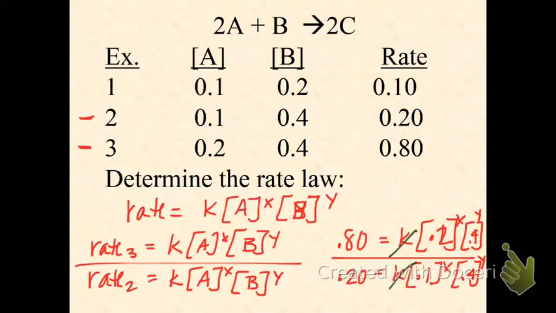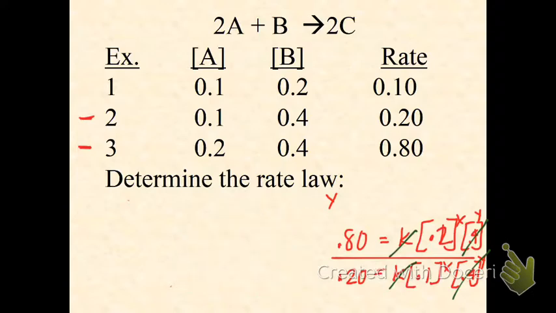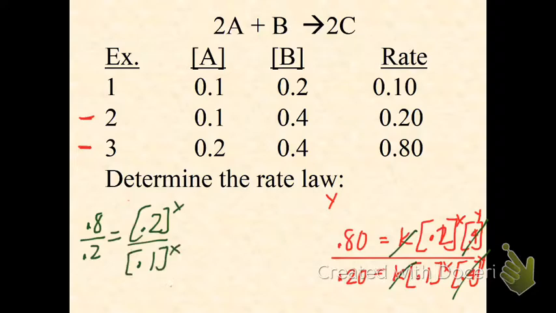Because it's the same on the top and bottom. I did not leave myself enough room, sorry. Is everybody with me so far? I'm going to erase this because I already have that written. I need to just do a new page next time. Okay, so now I'm left with 0.8 over 0.2 is equal to 0.2^x over 0.1^x, which gives me what?